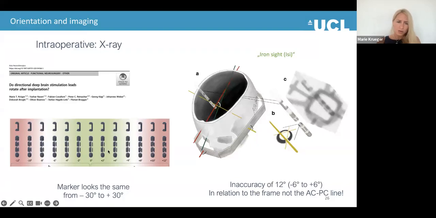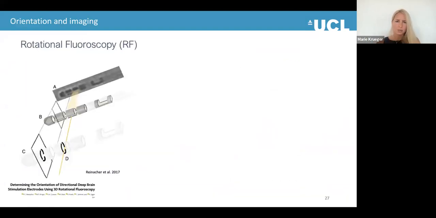But the marker or these gaps will still look the same between minus and plus 6 degrees. And you also have to keep in mind that this is in relation to the frame and not to the ACPC line. So if you put the frame on with a bit of an angle, which usually happens, not huge, that adds another 2 or 3 degrees. So it's not the most reliable method.